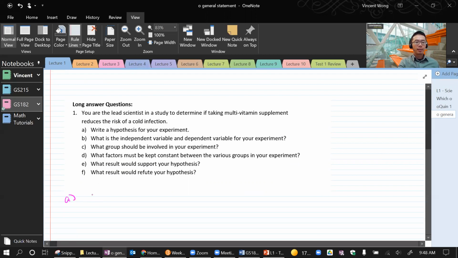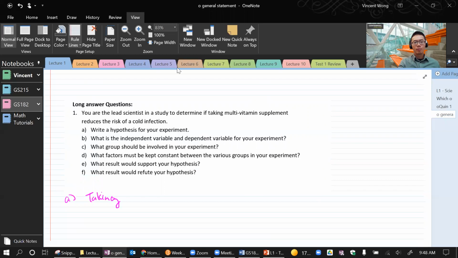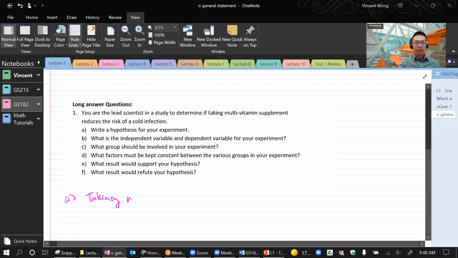So I'm going to write, there are really only two possible hypotheses for this case. Taking multivitamin will reduce the risk of a cold infection.